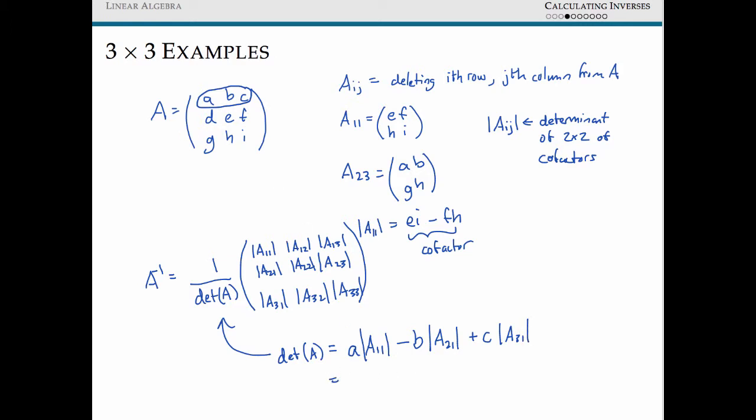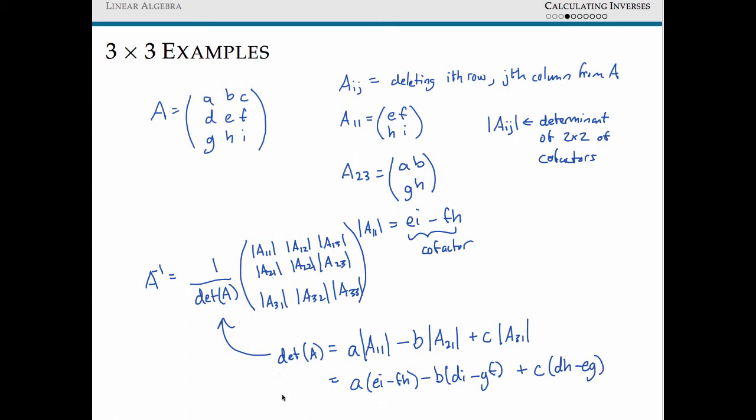So for our matrix here, they call this expanding along cofactors. This will be A times EI minus FH, which is our cofactor here, minus B times DI minus GF, plus C times DH minus EG.